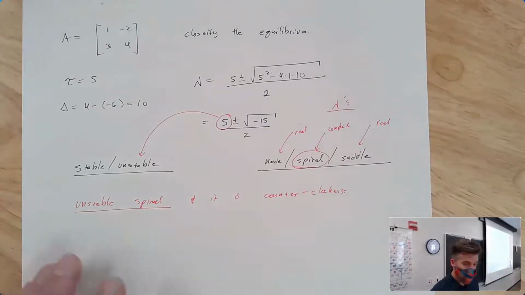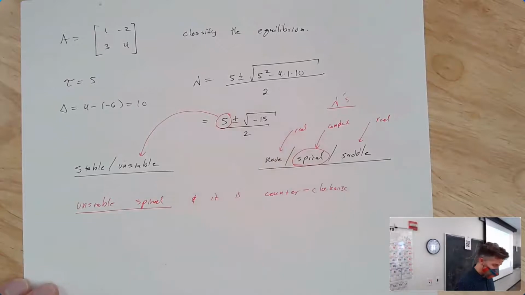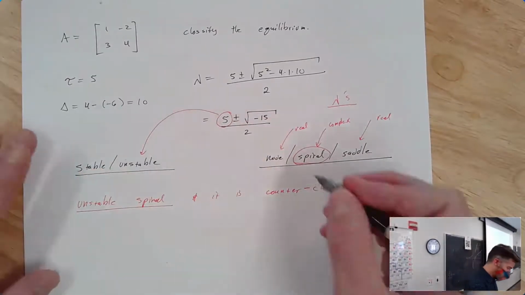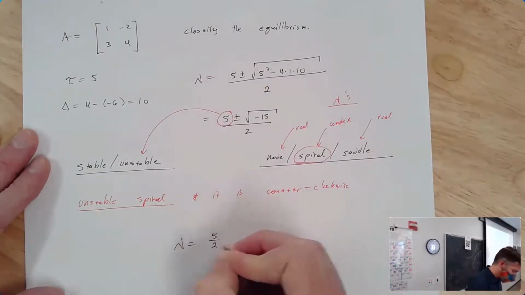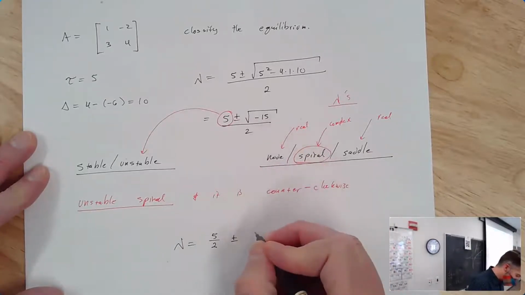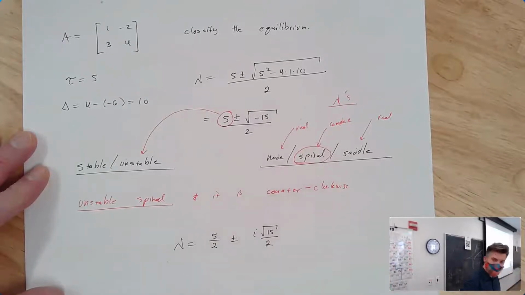Complex, yes. So when I say complex, another word for that is imaginary. So looking at my eigenvalues, now I know I didn't simplify this fully, but I see a square root of a negative. That means there's an imaginary number there. So if I really wanted to, I could say my eigenvalues are 5/2 plus or minus the square root of negative 15, which is i times the square root of 15, over 2.